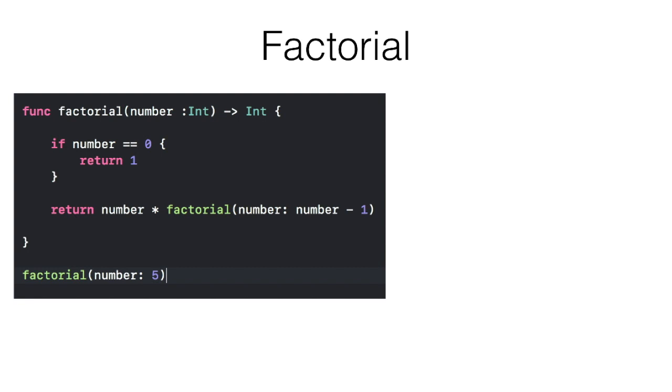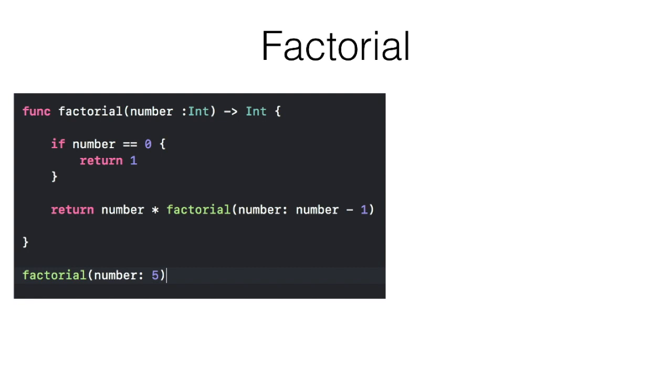You can see at the end I'm passing 5 as a number and trying to calculate the factorial of 5. Now, for those of you who don't know what factorial is, a factorial is basically a number multiplied by all the previous numbers greater than 0. Obviously, if you multiply by 0, it will be 0.